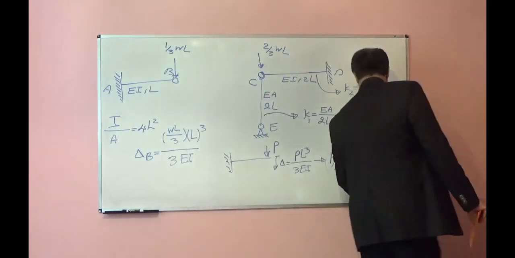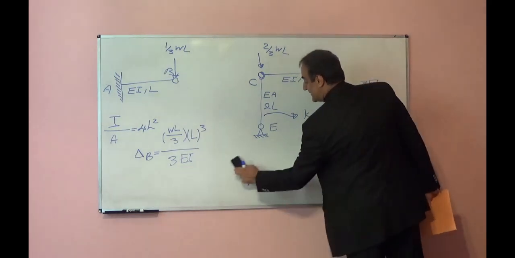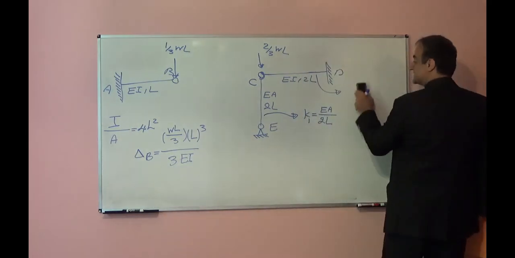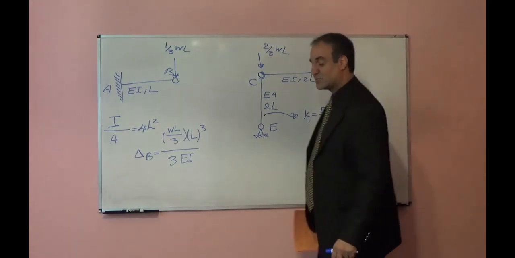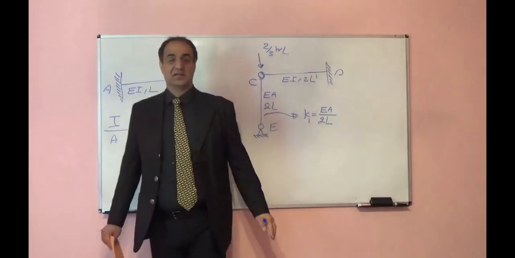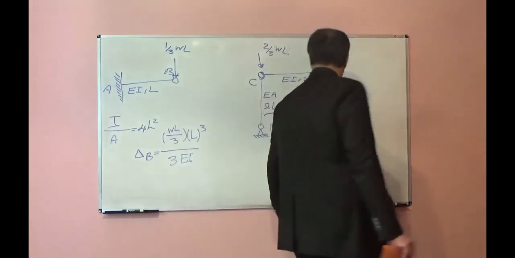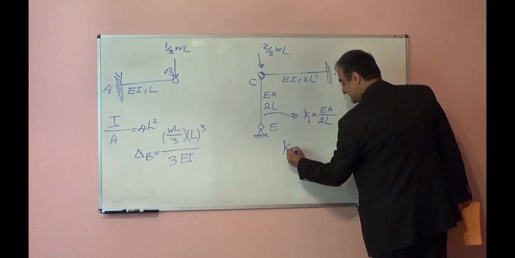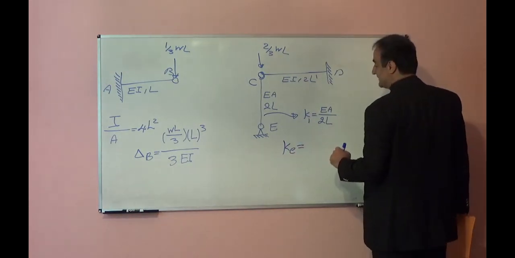If we have several springs and the deformation in those springs is equal, we call it parallel. In that case, the equivalent stiffness will be the summation of the stiffness of each one.